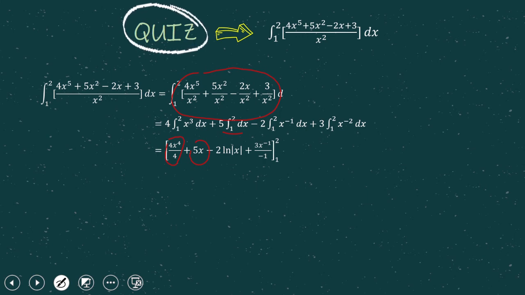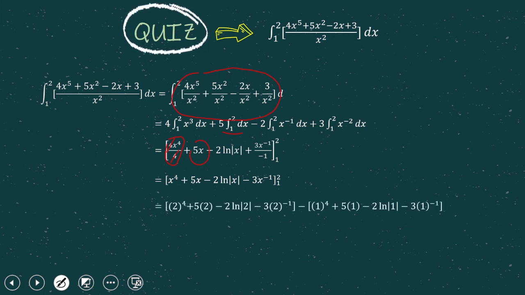So we simplify this, and then we can get like this. After that, we substitute the values of the upper limit and the lower limit, and then we simplify the answer, and the final answer should be like this.